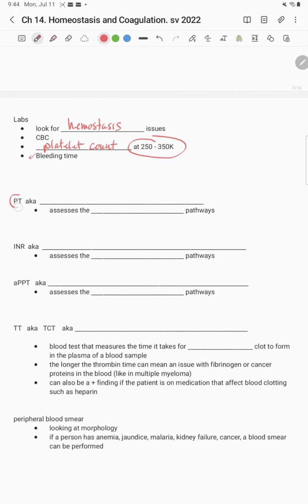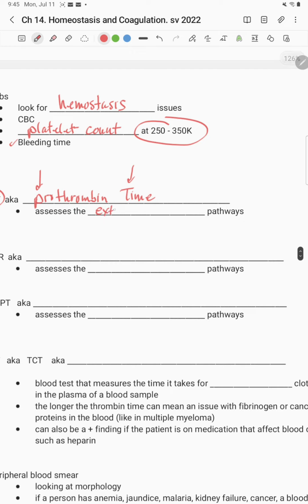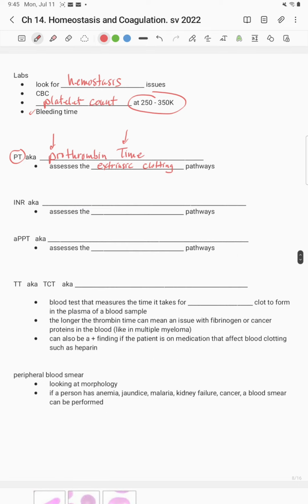Other labs would be your PT, also known as prothrombin time. Okay, or the PT. And this assesses the extrinsic clotting pathways. Okay, there's different ingredients that are involved in the extrinsic clotting pathways, so your PT or prothrombin time lab would assess that.